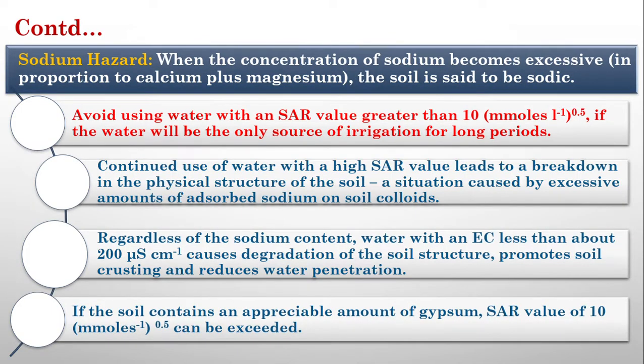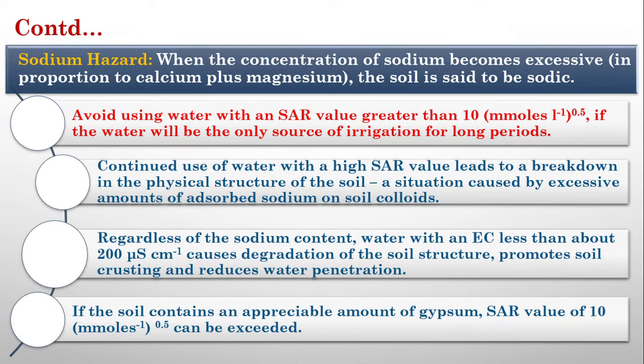The second parameter is sodium hazard. Sodium hazard is normally expressed by the sodium adsorption ratio. When the concentration of sodium becomes excessive, the soil is said to be sodic, and it can badly affect the soil as well as the plant.